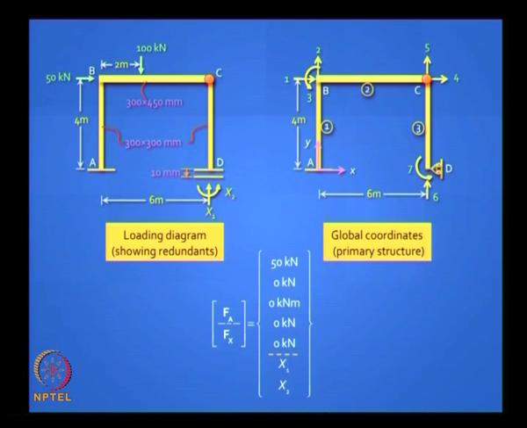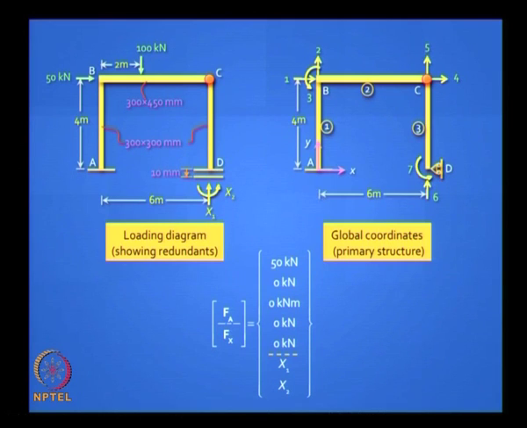If you write the force vector, we separate Fa and Fx. Fa is the load applied, 50 kilonewton because there is a horizontal load at B. Rest of the quantities are 0 and you have x1 and x2, which are unknown. Any question? Okay.